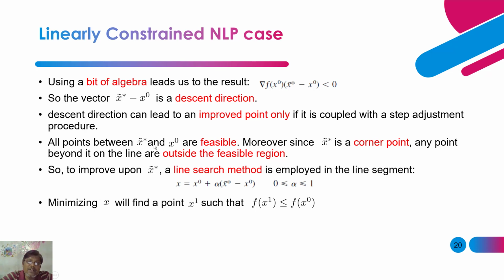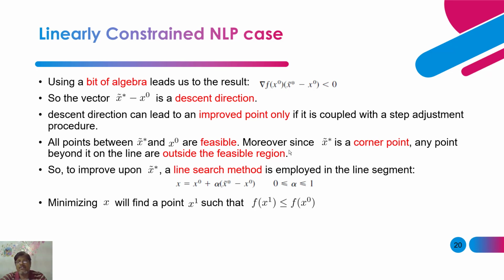All points between x tilde star and x naught are feasible. Moreover, since x tilde star is a corner point, any point beyond it on the line is outside the feasible region. So we won't be going that side, we ignore it. To improve upon x tilde star, a line search method is employed, and so we start proceeding and searching for the optimum point in the feasible region.